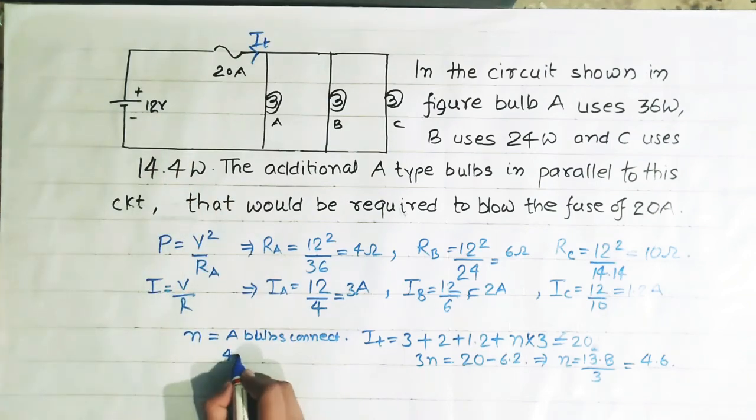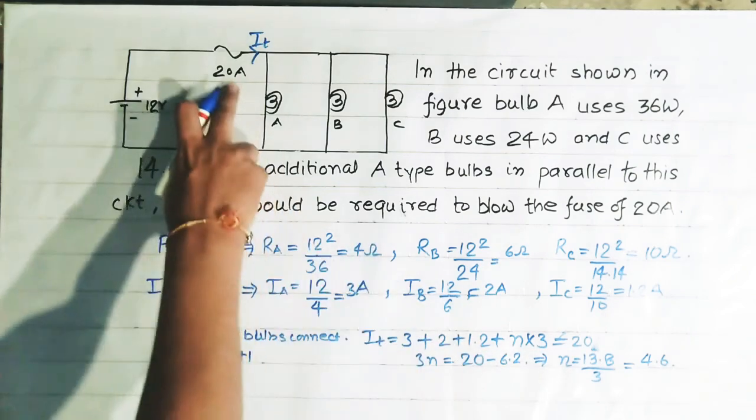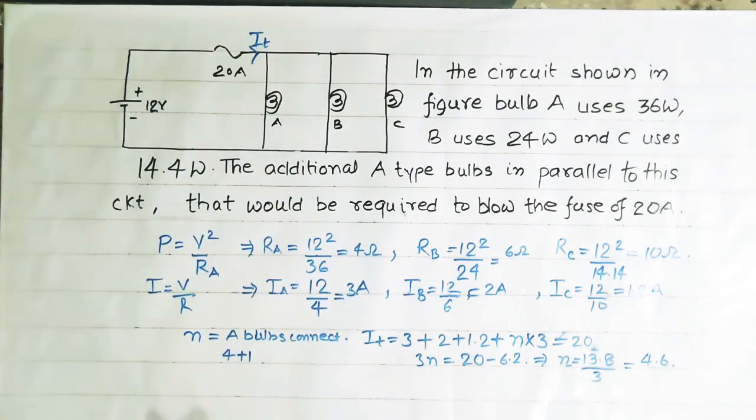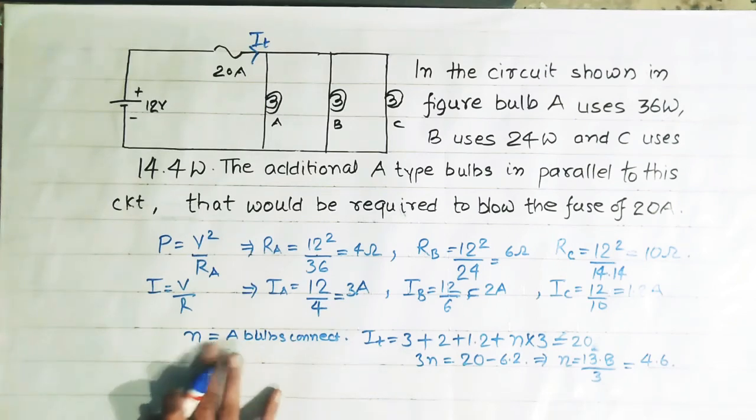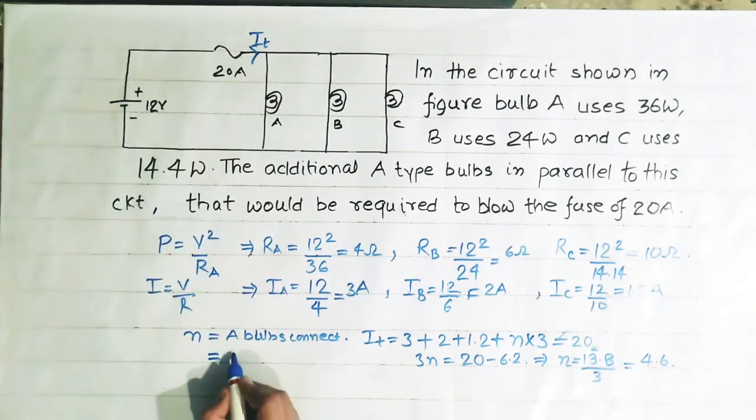If we add additional bulb, then the total current will exceed 20 ampere. So in this case fuse will blow off. So number of additional bulbs required to blow the fuse is 5. So we require 5 bulbs to blow this fuse.